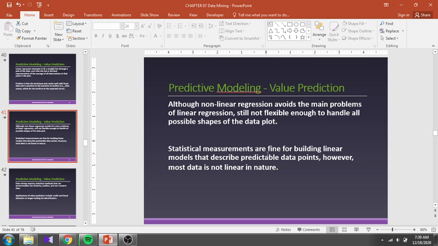So the statistical measurements are fine for building linear models that describe predictable data points. However, most data is not linear in nature. So that's the problem of our data sets, or the information that we store in the database.